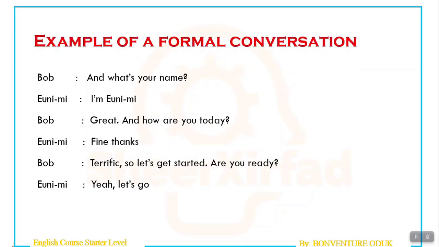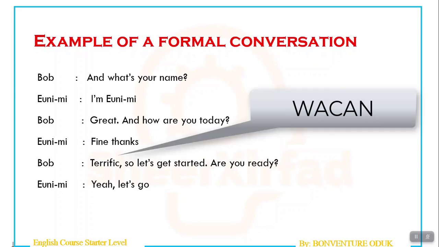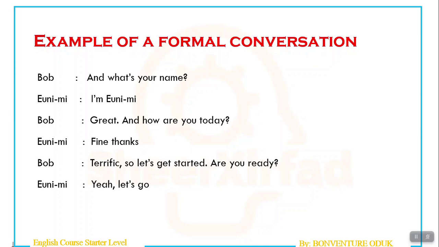Even the person whom he's going to tutor, to instruct, also does what? He also gives out his name. I'm Uni. And he says, great. And how are you today? Fine, thanks. Terrific. Terrific means good. So let's get started. And are you ready? Yes. Let's go. That is an example of a formal way of conversation.